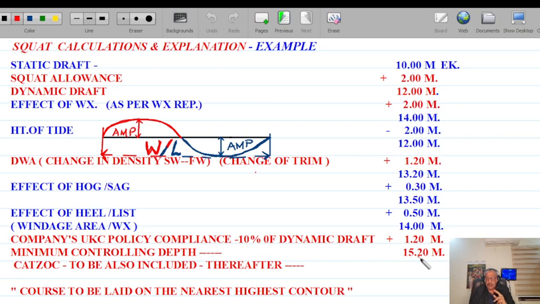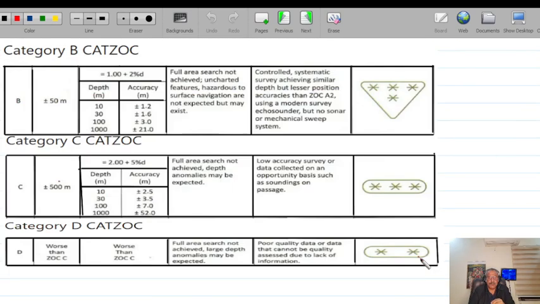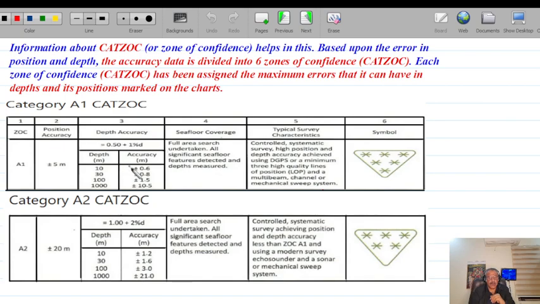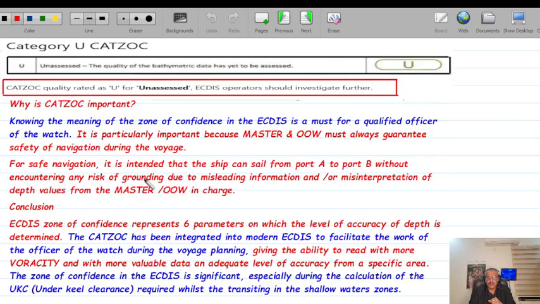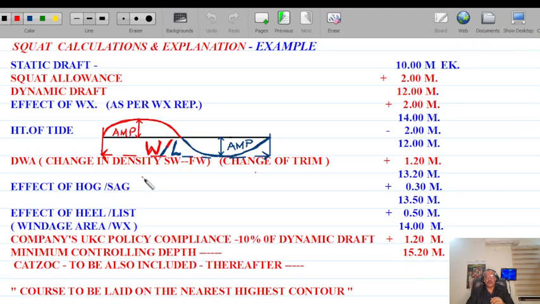So, if I add 0.8, that is as per this 30 meters in case of CATZOC category A1, it's 0.8 meters. Probably just to have an additional safety factor, I may round it off to 1 meter, or if you take 0.8 meters, it is coming to 16 meters.